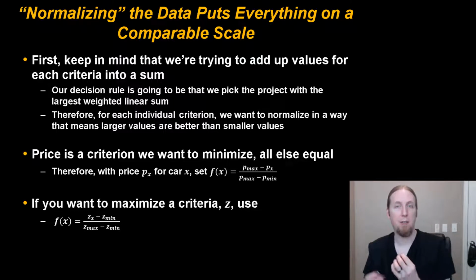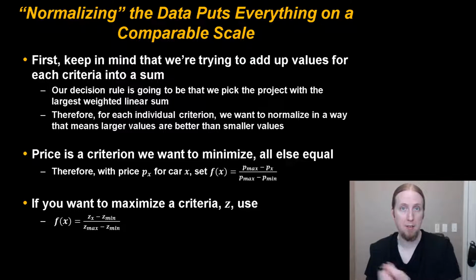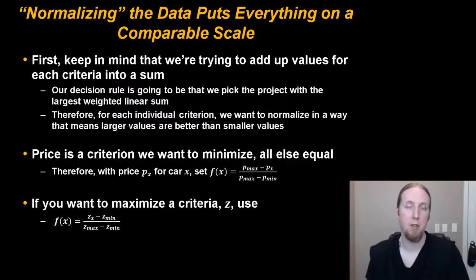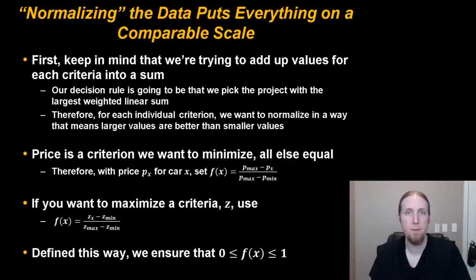And if we have the worst car with respect to criterion z, then we would have z min minus z min, and f of x would equal 0. So by construction, we're ensuring that the value of f for any criterion is going to be between 0 and 1, but even more, it's going to cover the range of 0 and 1.